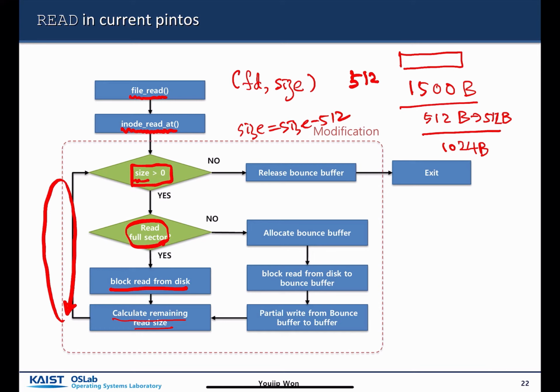So the remaining part, 476 bytes, needs to be read from the disk, but it is not a single block, right? It is not a single block, so you should not call a block read from the disk.